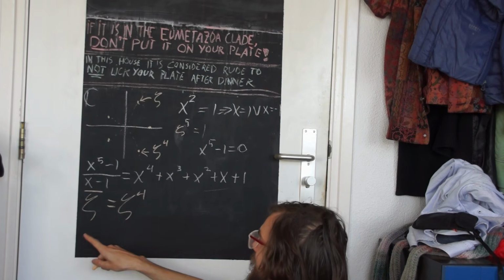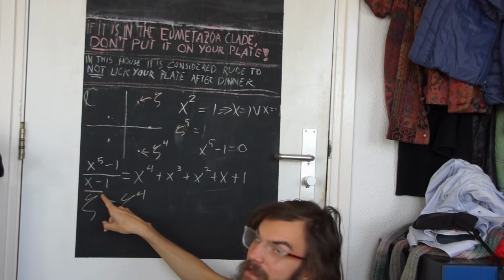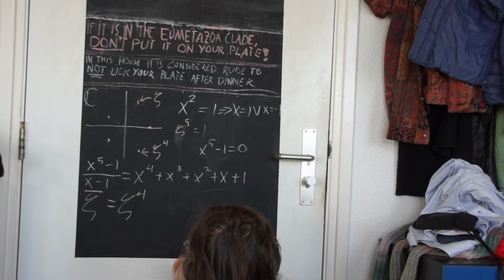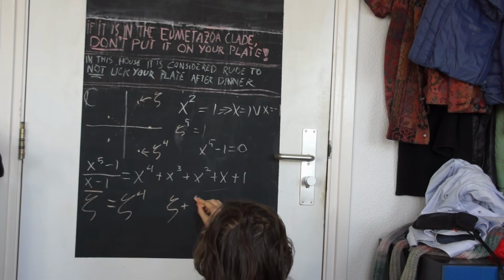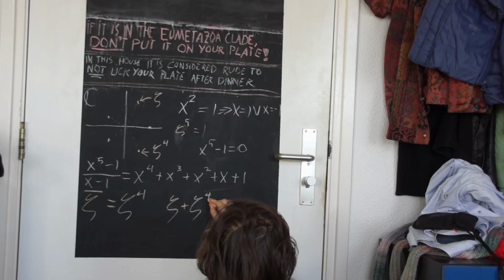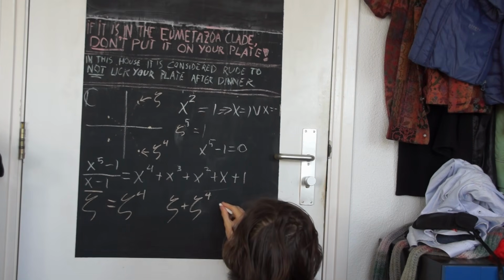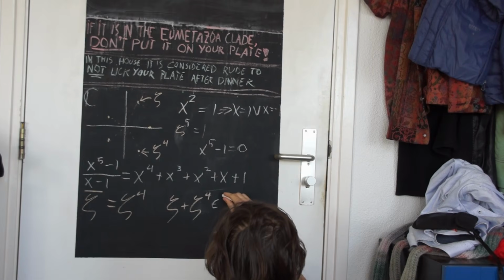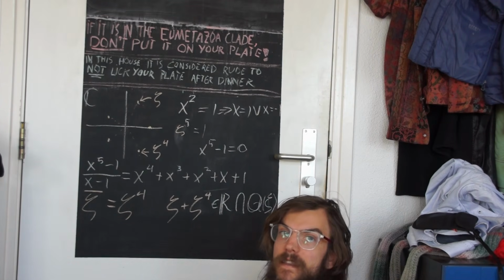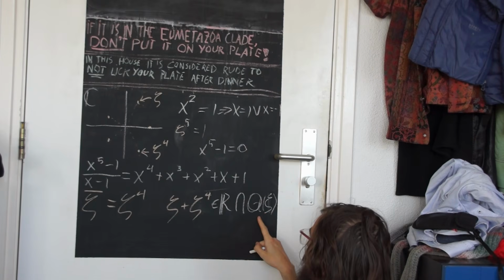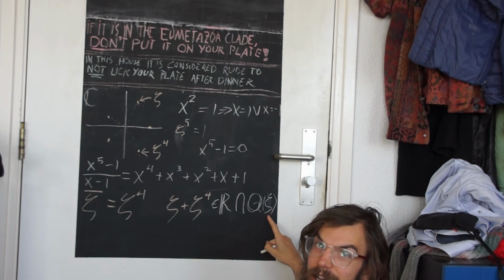If we add a complex number with its conjugate, then we end up with a real number. In this case, we can write zeta plus zeta to the 4th is an element of the real numbers. And what's more, it's also an element of the field extension Q with zeta added to it.